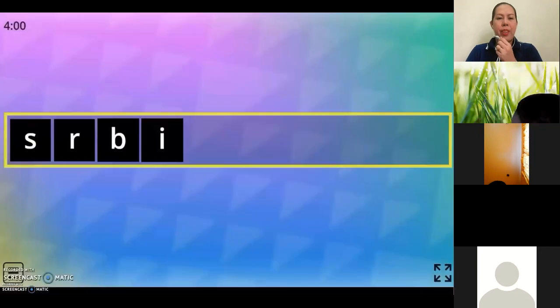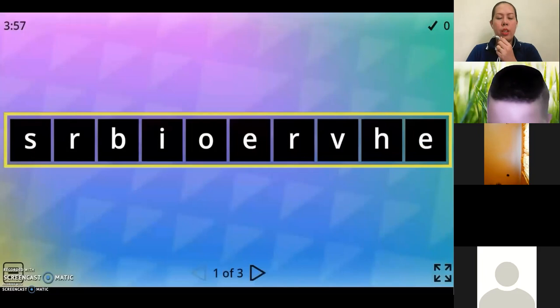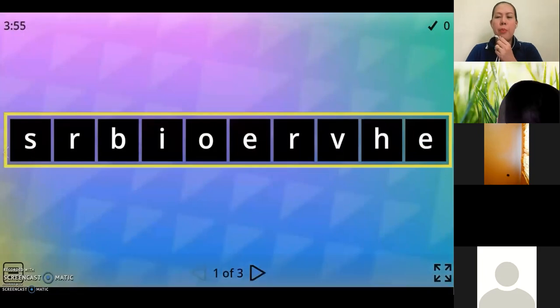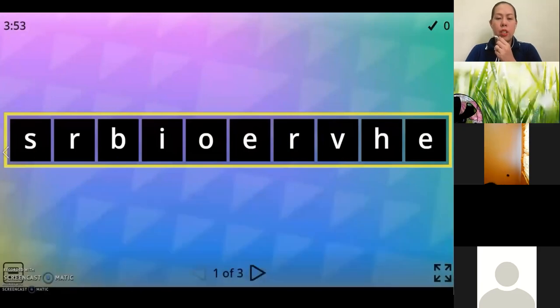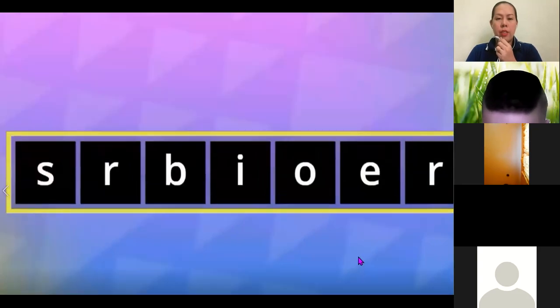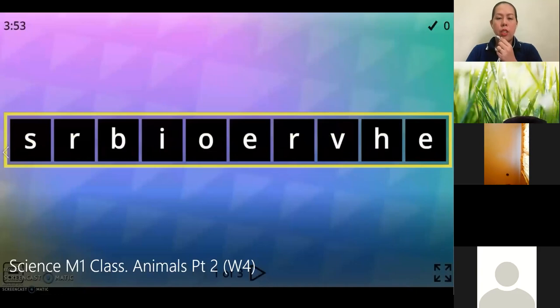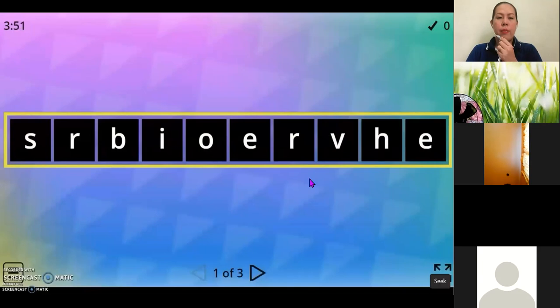Okay, let's try to do the first word. Number 1, please unscramble the word herbivores. You can get the correct answer by unscrambling the letters.